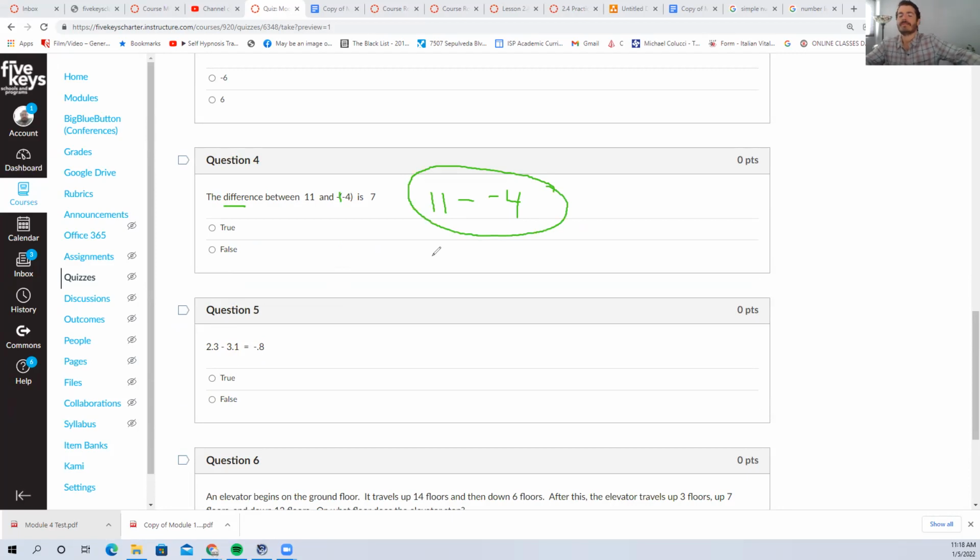Okay, so we're going to use the BOP rule. We're going to add the opposite of the number that follows the subtraction sign. So I'm going to go BOP, BOP, and I'm going to rewrite this for clarity. I have 11 plus 4, which is 15. So the answer here is false.